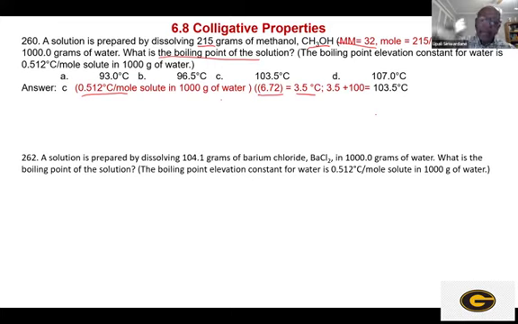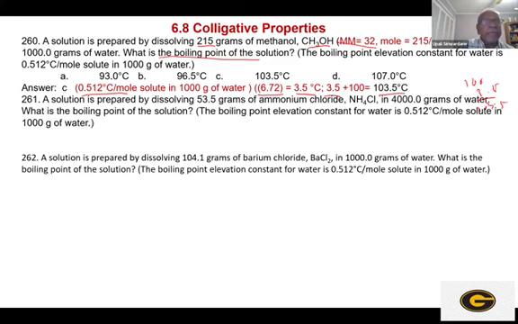Now, this is elevation. Boiling point of water is 100. Therefore, boiling point of the solution is 3.5 plus 100, 103.5. That's the correct answer, C.